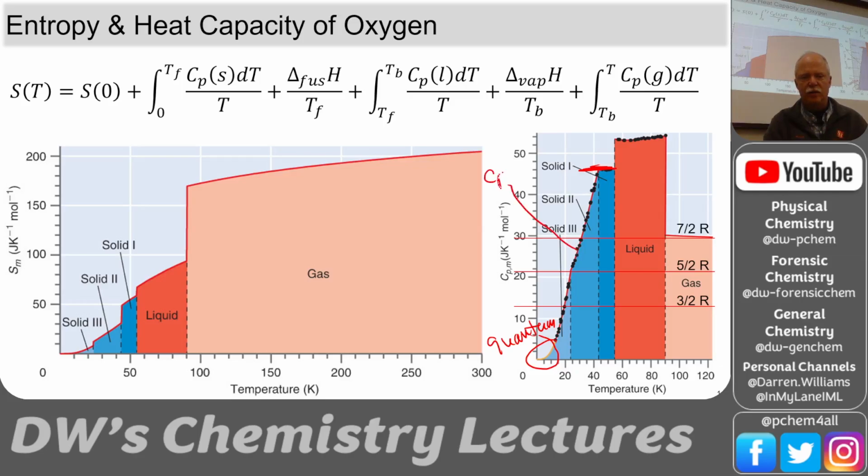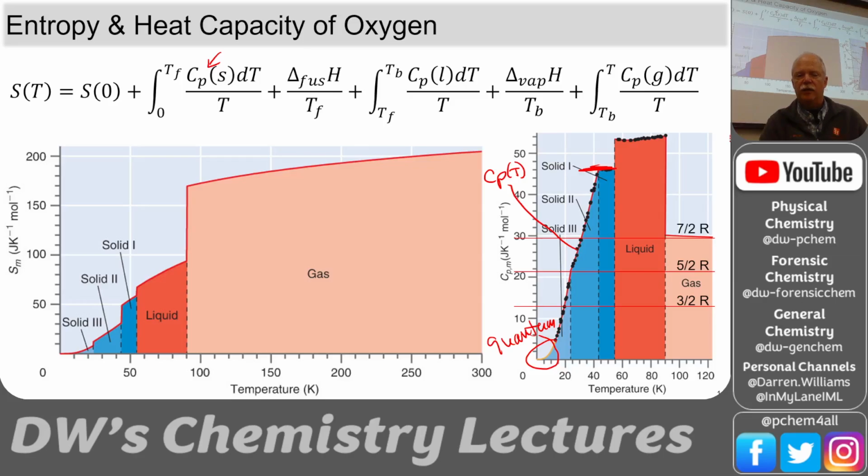So here it says CP solid dT over T, where we're integrating with respect to temperature. But this could be temperature dependent, and we would just have to have the equation for that heat capacity for those regions.